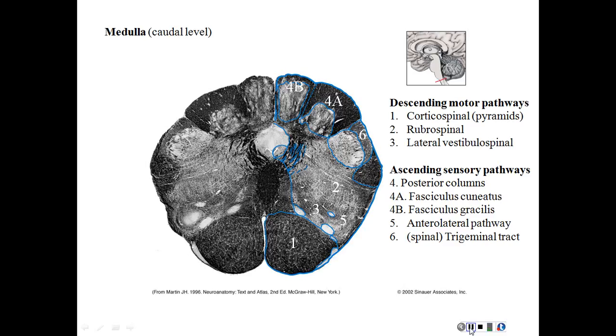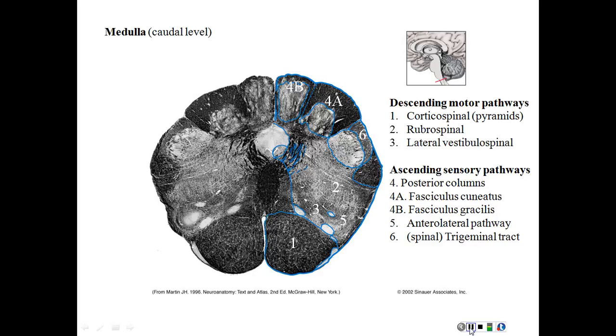But the anterolateral is as anterior and as lateral as it could possibly get. It's trying its best to be in the front, and it's still off to the side here. So there are our three pathways: corticospinal, before they cross; nucleus cuneatus and nucleus gracilis with their associated axonal bundles; and anterolateral.